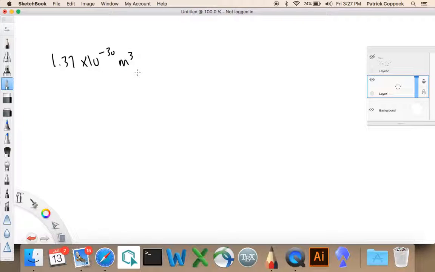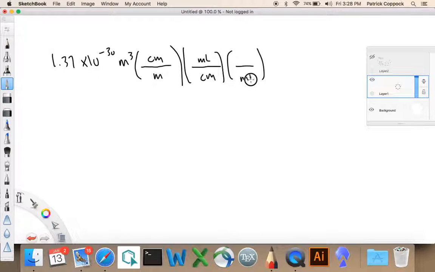I could look up how many liters are in a cubic meter, but instead what I'm going to do is convert this through centimeters, milliliters and liters. This will give me liters, right? The mils will cross off. This is going to have to be cubed.